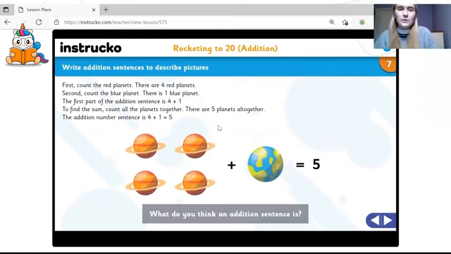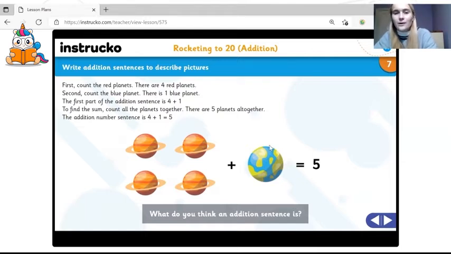Okay, so now we're going to be doing something called addition sentences. Addition sentences is basically with numbers, but we have an equation. So here we've got a picture equation, we've got pictures of planets, and we need to convert that into a number equation. How do we do this? First of all, we need to count up the red planets. So there are 4 red planets.